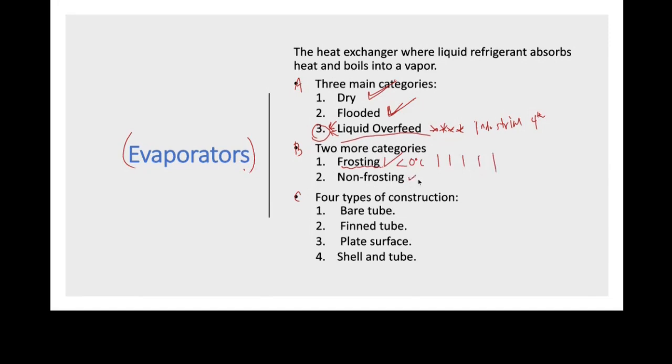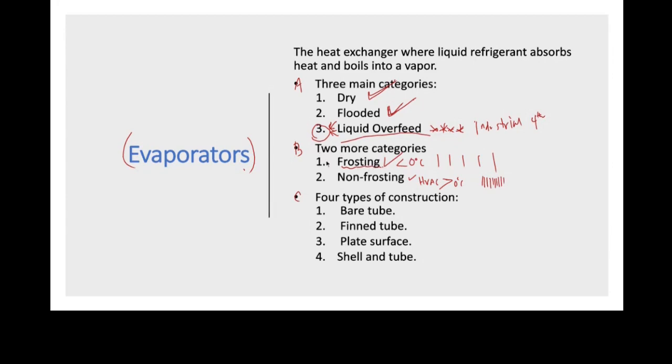Whereas if it's a non-frosting, that would be for sort of like HVAC systems that are greater than 0 degrees Celsius. And so here we would have a coil where the fins are going to be much closer spaced to maximize the heat transfer ability of that particular type. And we don't have to worry about defrosting it.